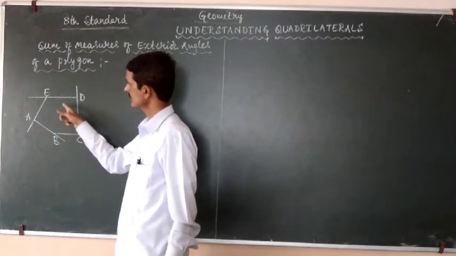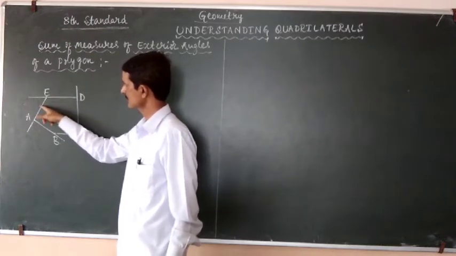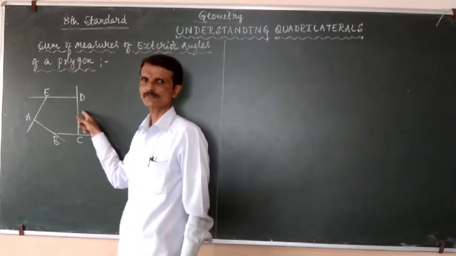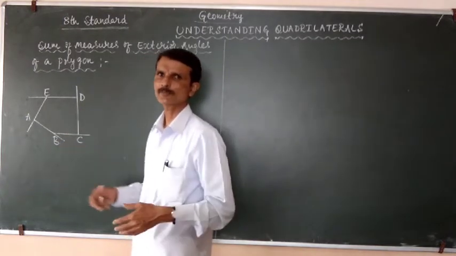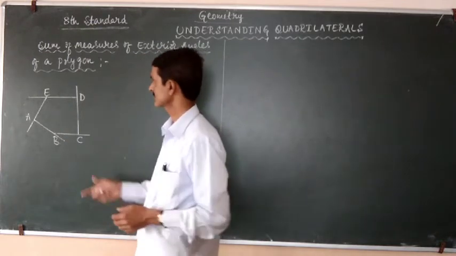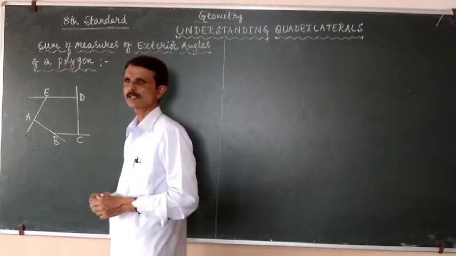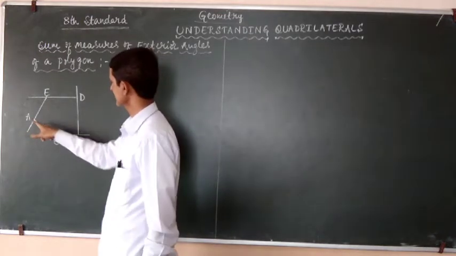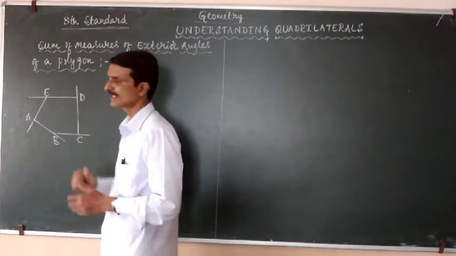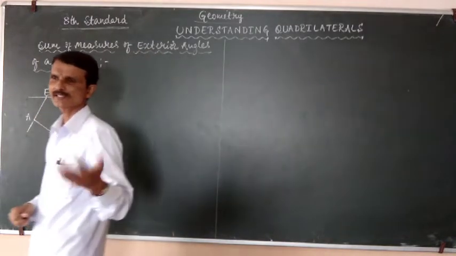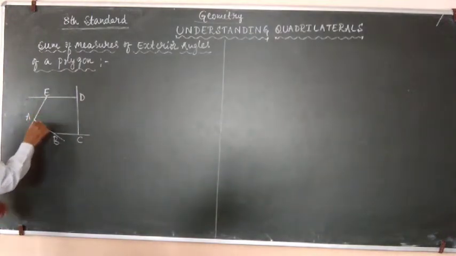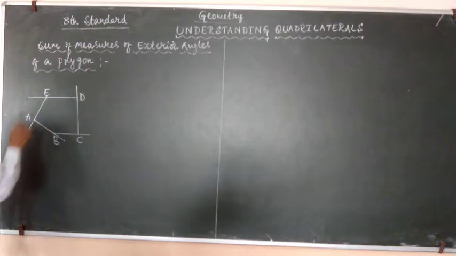This polygon has sides 1, 2, 3, 4, 5. So this polygon contains 5 sides. What do you call a polygon that has 5 sides? Yes, it is called a pentagon. So ABCDE is a pentagon. It contains 5 interior angles: 1, 2, 3, 4, 5.